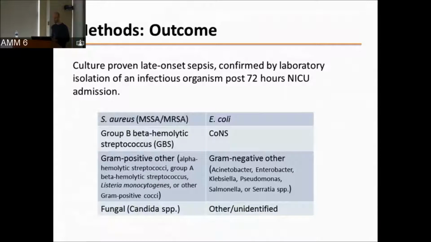So we had categories for Staph aureus, and we further categorized that by methicillin sensitive or resistant. We had a category for E. coli, for group B strep, and for coagulase negative staph. And that really encompasses the majority of the organisms that you'll see leading to infections. Then we had some catch-all categories for gram-positive and gram-negative bacteria. And we also included candida fungal infections on there.